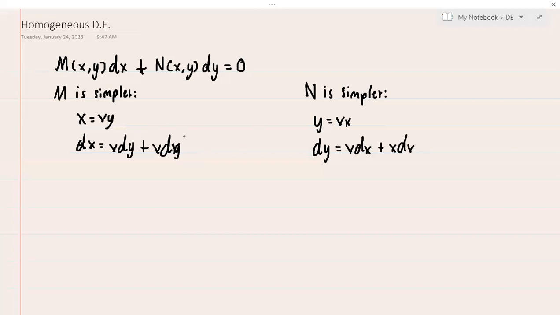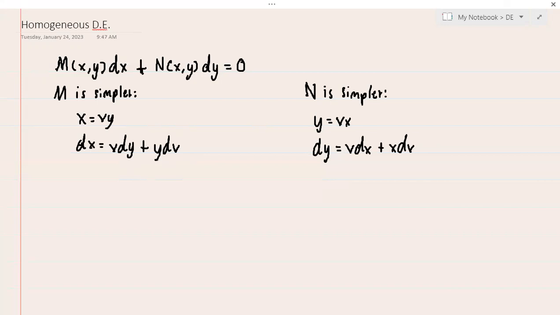Wait lang, mali ako sa pagkalagay. Correction lang guys ha: dx is v dy plus y dv. Sorry guys ha. Correction lang: v dy plus y dv.